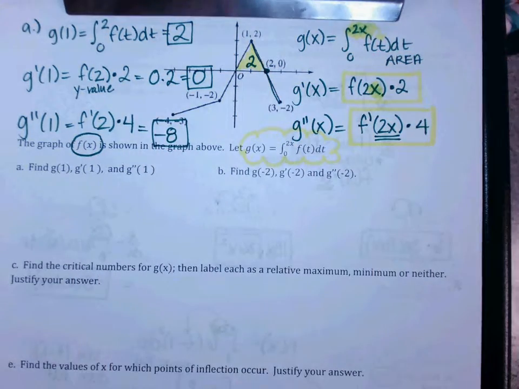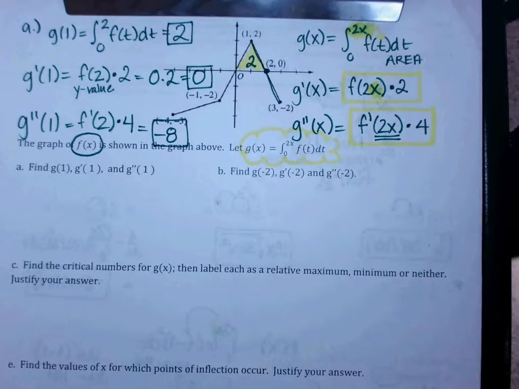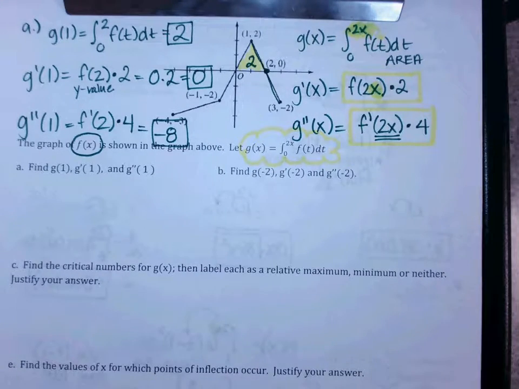Okay, so I want y'all to do part B. You're finding the same 3 things at negative 2 this time. When you take the derivative of f, you get f prime. Keep the 2x the same, but then you have to multiply by 2 on the outside, because what's the derivative of 2x? You already had a 2, times another 2, now it's a 4.